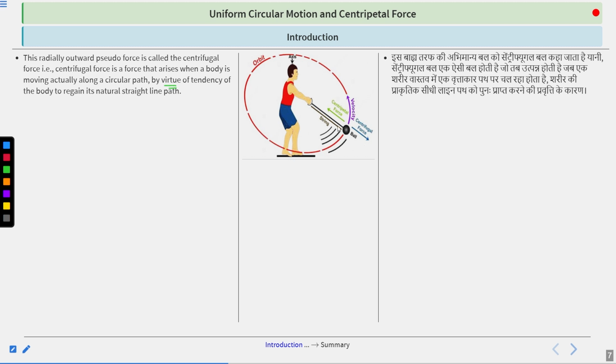If we talk about this body having a straight path, right now instead of going straight, the body is revolving in rotation. That is happening because of the effect of the centripetal and the centrifugal force. If only the centrifugal force applied here while rotating this object, the ball would go straight instead of going round. Centrifugal force acts along the radius and away from the center of the circle.